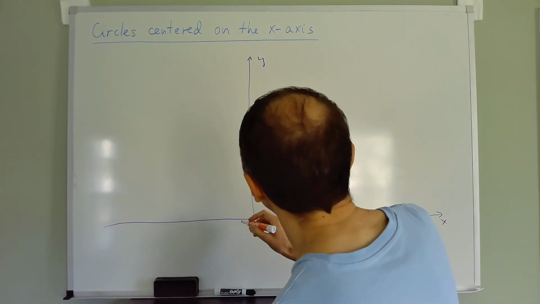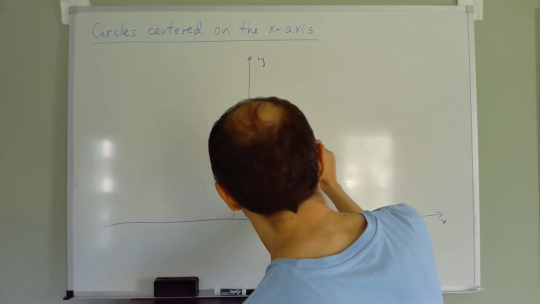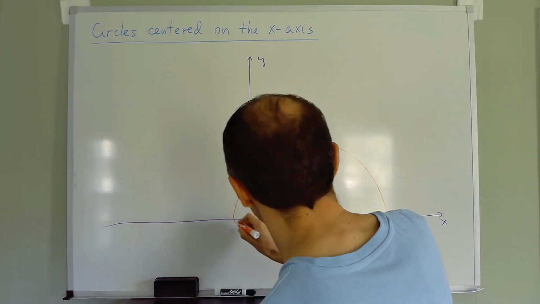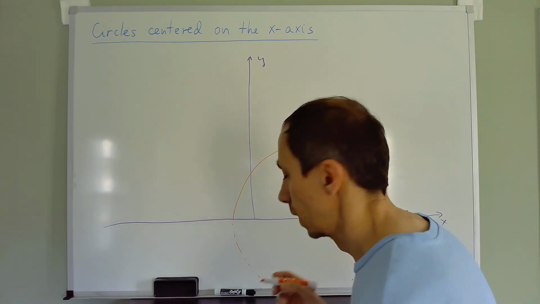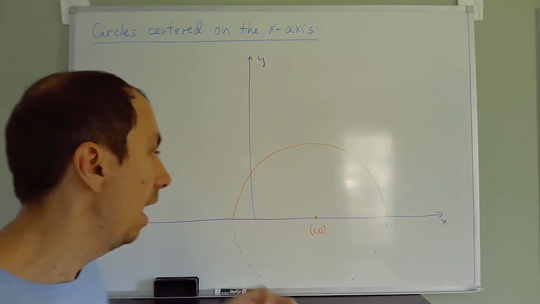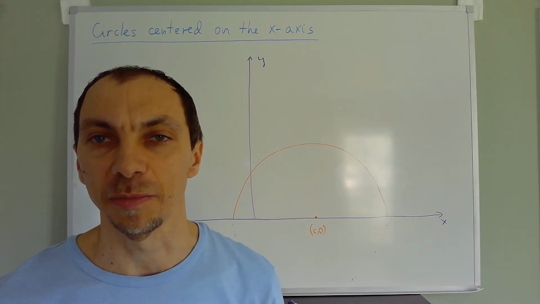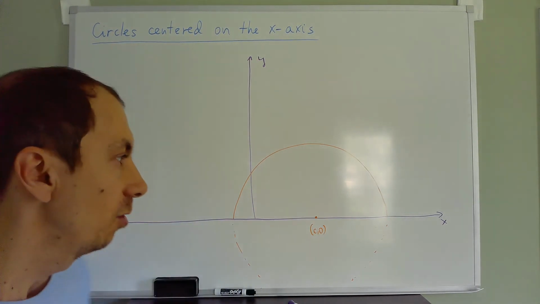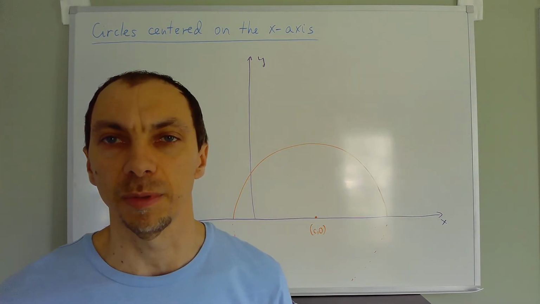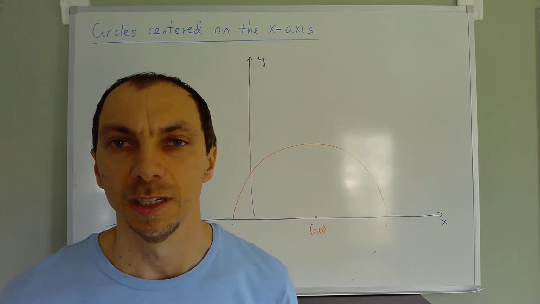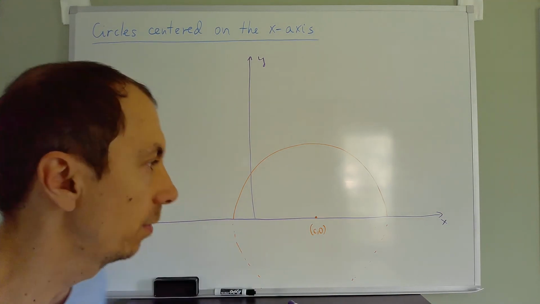And then I will draw a circle centered at this point. The upper half of the circle does lie on the hyperbolic plane. The bottom doesn't. So this is something that the inhabitants of the hyperbolic plane can see. It probably, and you will see soon, it actually doesn't look like a circle to them. But for us, it looks like a circle.